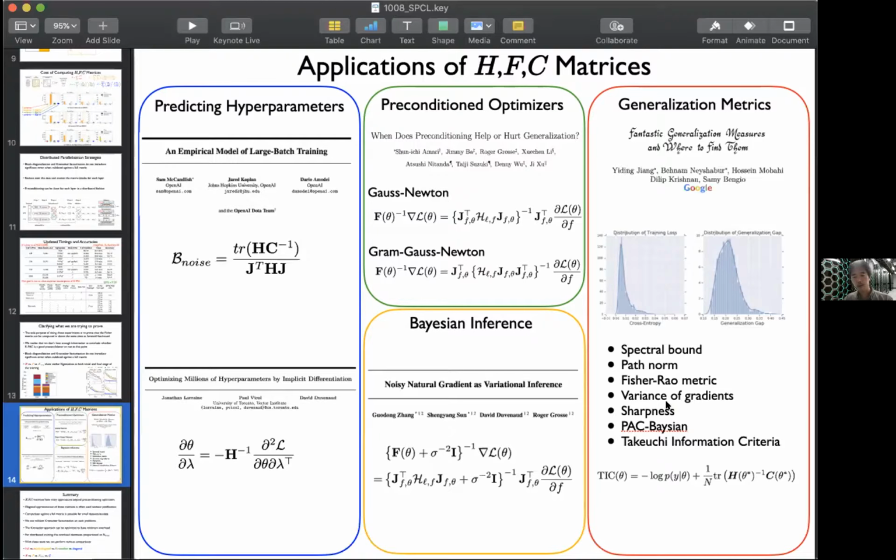And also there are things like generalization metrics to be able to predict how much your model will generalize without actually doing validation on it, by looking at these metrics. And if you can have these metrics, you can actually regularize with them to find models that achieve better generalization.